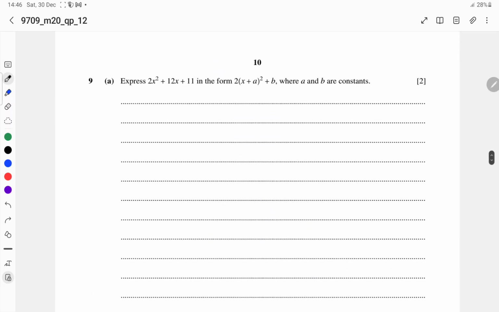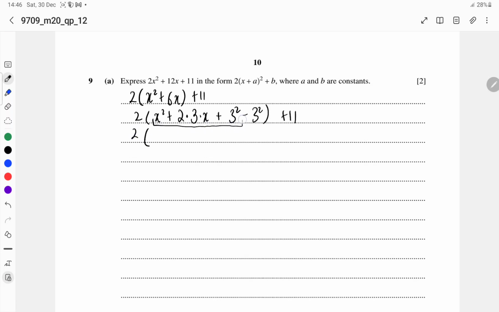Then after, we need to express it in the form 2 times x plus a whole square plus b, where a and b are constants, so it's easy, right? Let's just take 2 common. x square plus 6x plus 11. x square plus 6x is just 2 into 3 into x, so we can write it as plus 3 square minus 3 square plus 11. So it's in the form of a square plus 2ab plus b square, so we can write it as x plus 3 whole square.